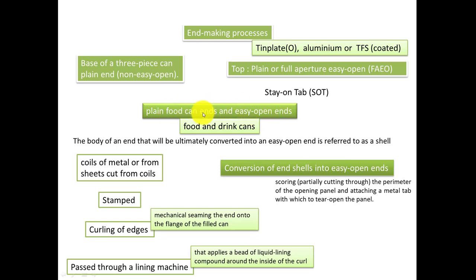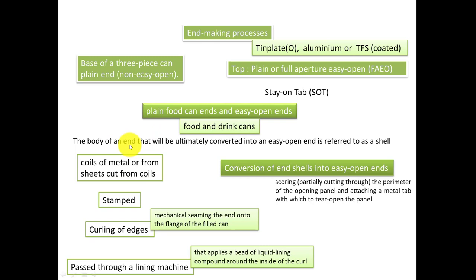As I said, there are two types of end. One is the non-easy open, which is also known as the plain food can end, and the other is easy open ends. Both types of ends are used in food and drink cans.